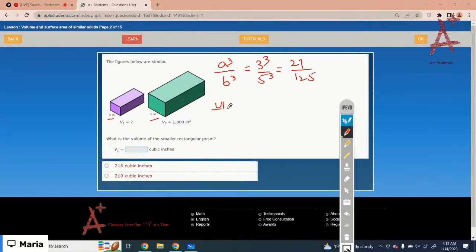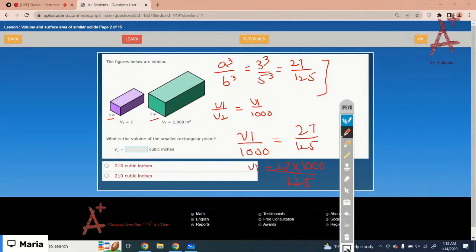Now set up the ratio between their corresponding volumes. So it would be V1 and V2 is 1000. Just equate their corresponding ratios and find the missing value. It would be V1 over 1000 equals 27 over 125. So V1 is 27 times 1000 divided by 125. Got it? Just calculate the values.